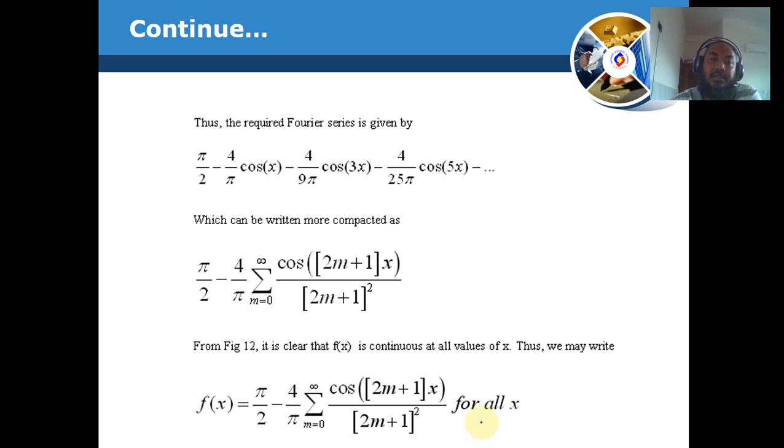Alright, so thus the required Fourier series is given by, you remember, our Fourier series. So this is our Fourier series.